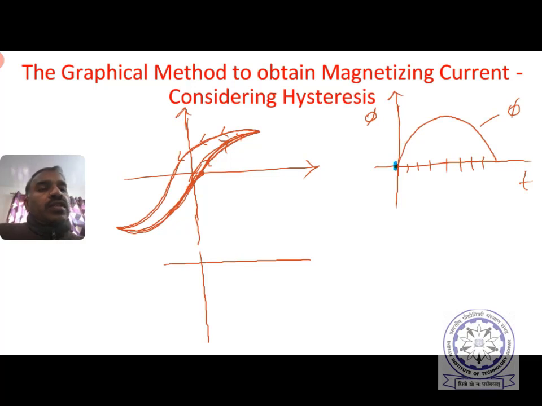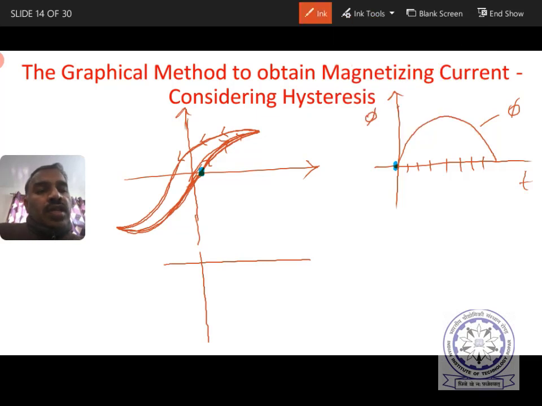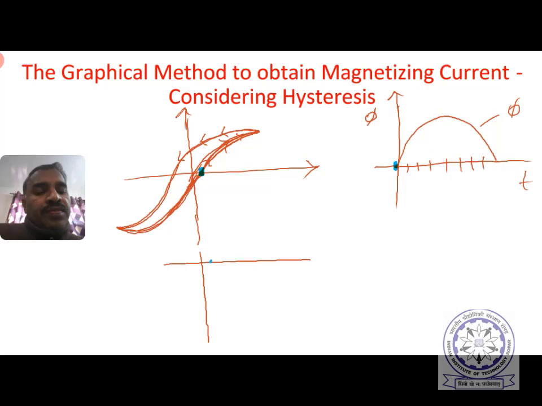So this point corresponds to this point, and at t equal to 0, this point. Now let me draw the time scale, 1, 2, 3, 4, 5, 6, 7, 8, something like that.